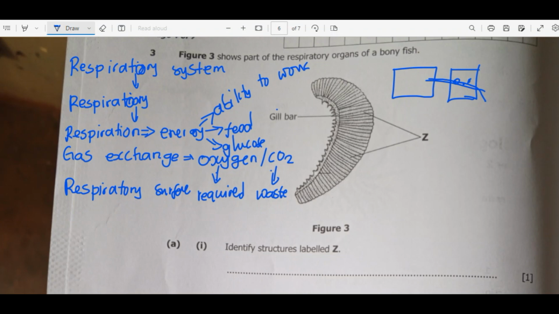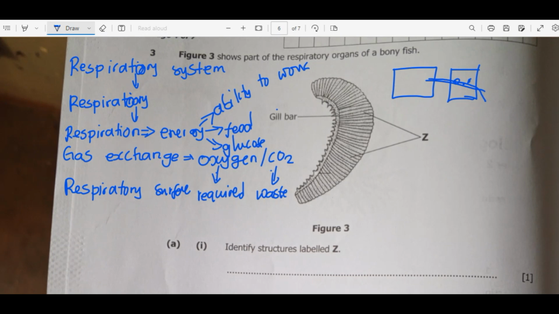If you look at water and air, the density of water is greater than the density of air, so diffusion in water is much slower than diffusion of oxygen in air. That's a difference we can compare between the fish and a human being. In a human being, the diffusion is much faster because the density of air is lower.